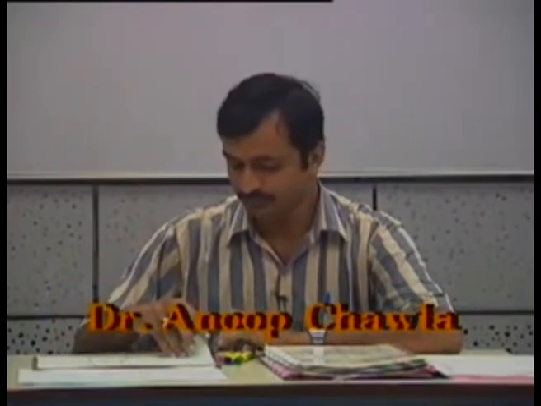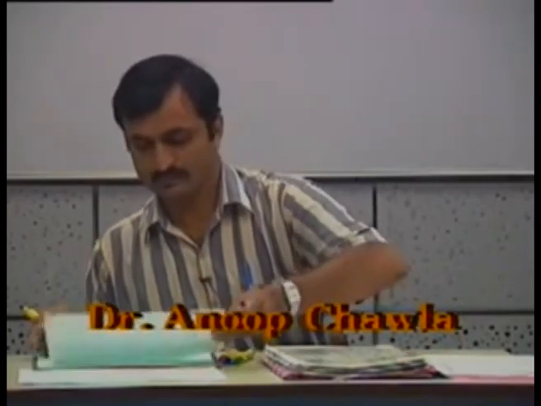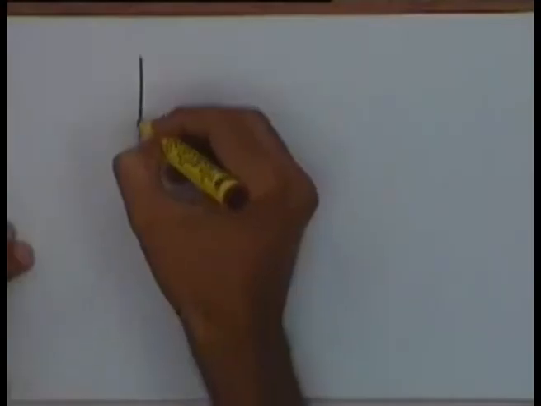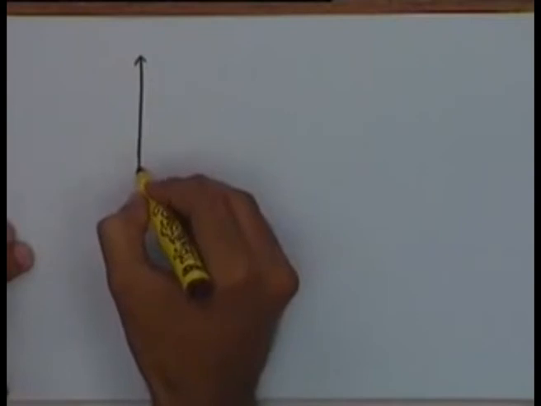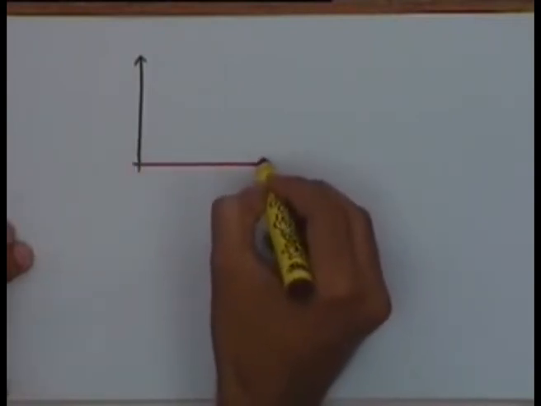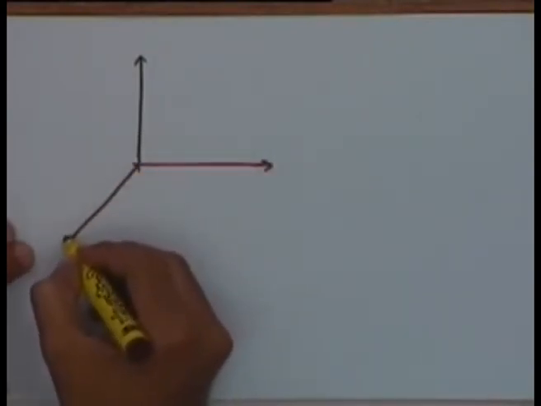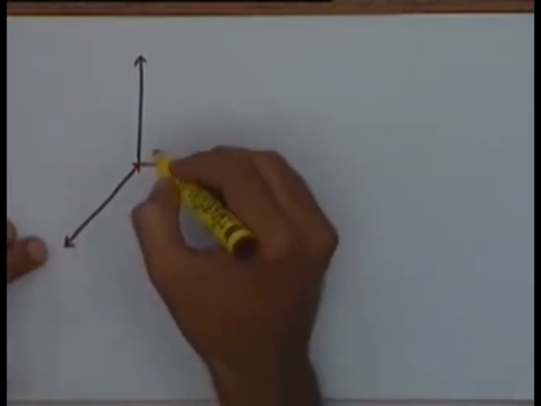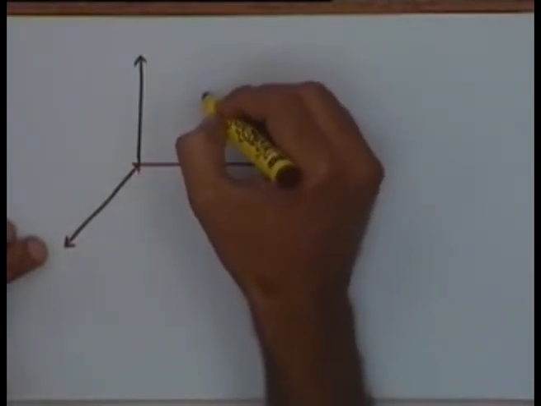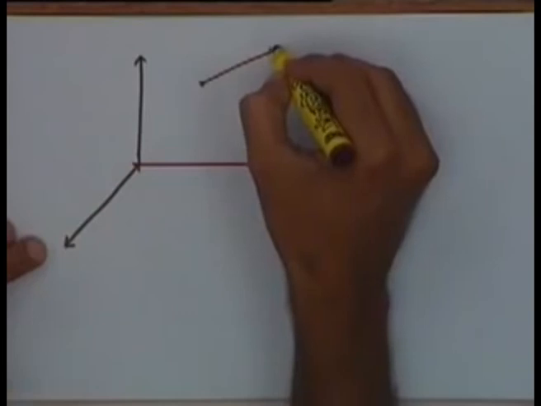Now let's again talk about rotation about any arbitrary point or about an arbitrary axis. We want to rotate about an axis like this.